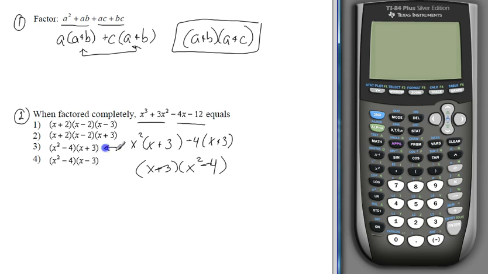And you might think, yeah, I'm doing good. But look at that answer. Keyword: completely. This is a difference of squares. So on top of doing a grouping problem, they want you to do a difference of perfect squares. Square root the front, square root the back. So that's going to be x plus 2, x minus 2.